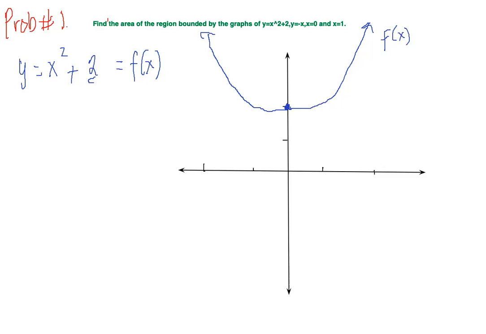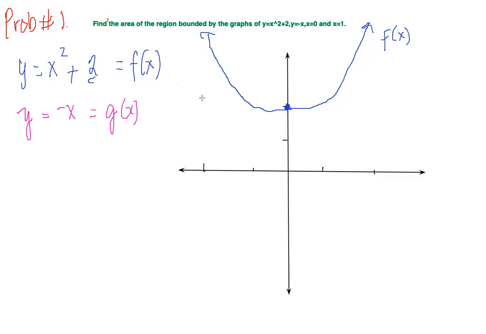And the second function is y equals negative x, and let's call this function g of x. So let's sketch the graph. The equation is linear, and the slope is negative.